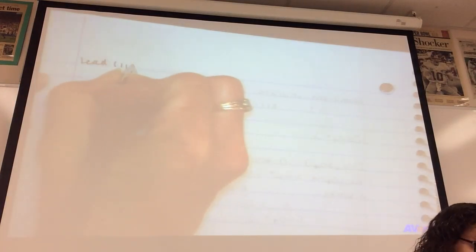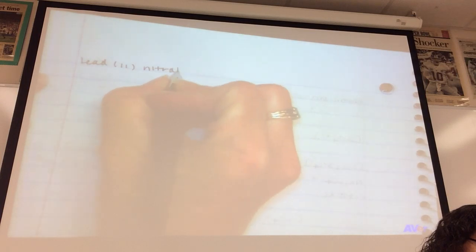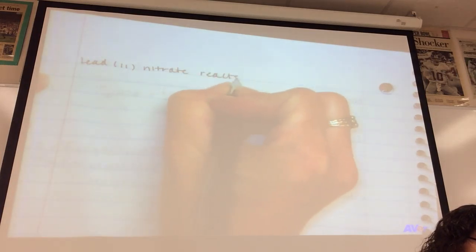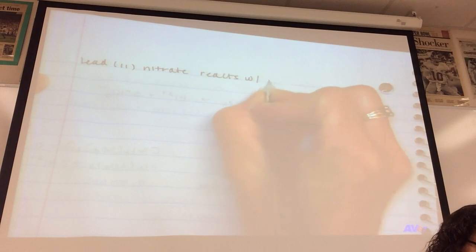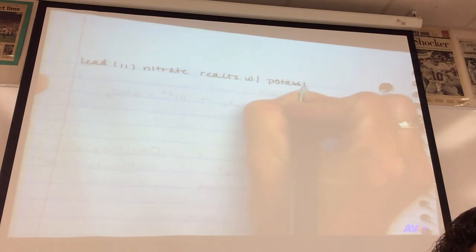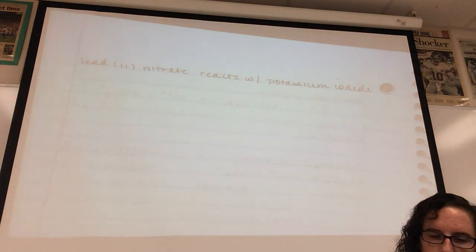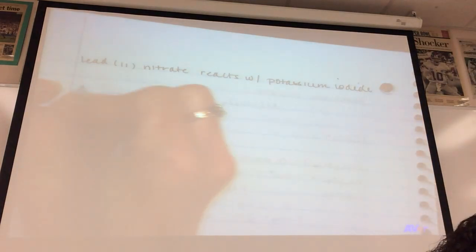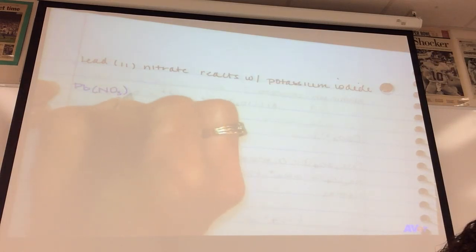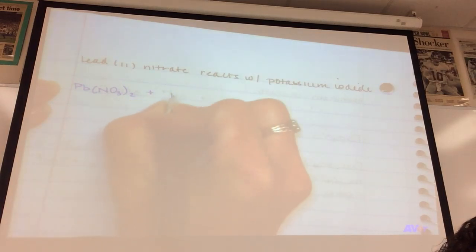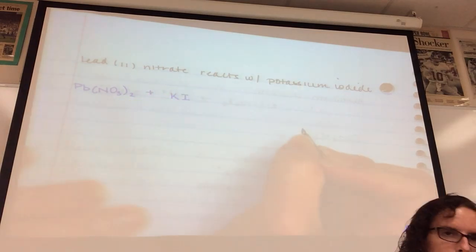Last year, if I told you that lead 2 nitrate reacts with potassium iodide, you would start to write the equation as follows. You would have lead 2 nitrate reacts with potassium iodide.